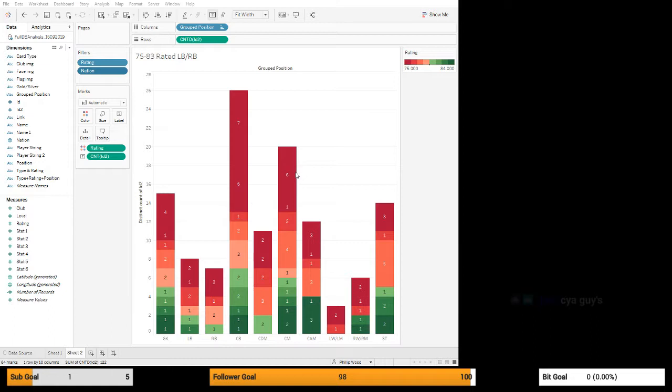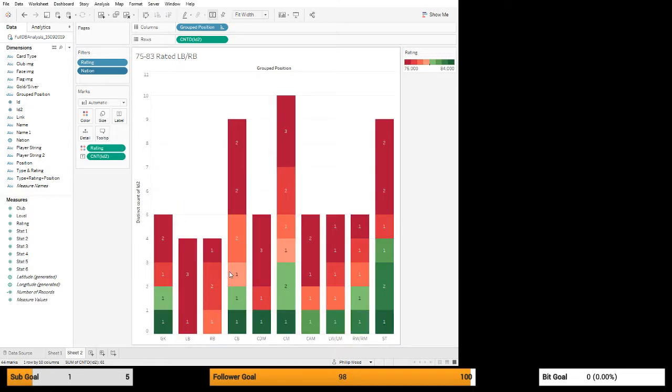Who else have we got then? Germany. Netherlands is a good one as well. Netherlands, that's looking pretty light. Absolutely no defenders. No goal defenders, really.